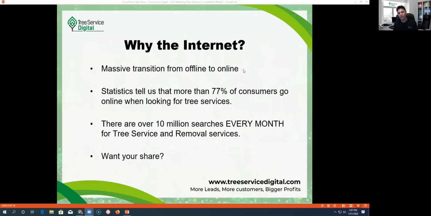Why the internet? Well, there's been a massive transition from offline to online, from yellow pages to the internet. Statistics tell us that more than 77% of consumers go online when they look for tree services, tree removal, tree trimming, those types of searches. And there are over 10 million searches every month for tree service and tree removal services.